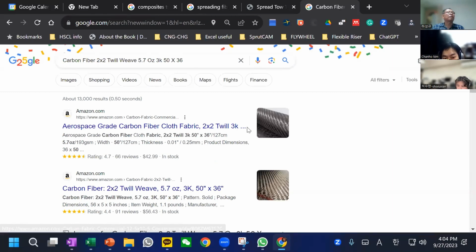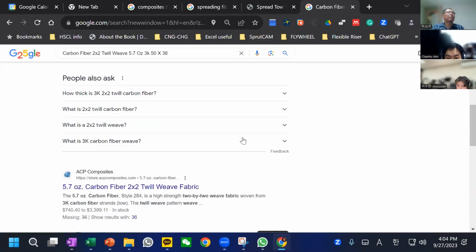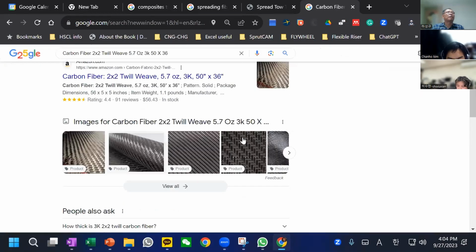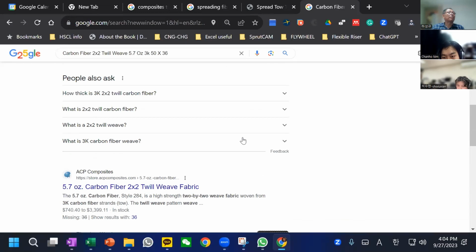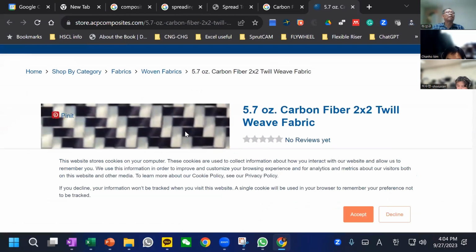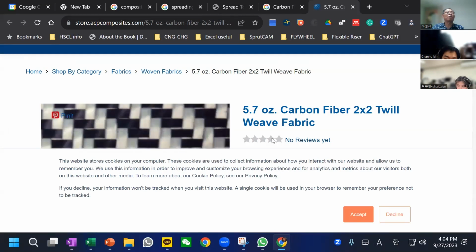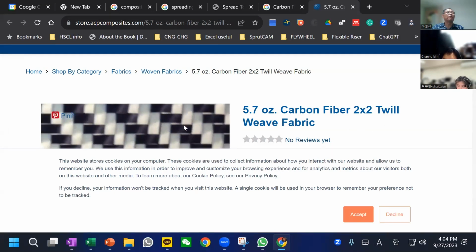As you can see, they just show all the weaving patterns, and the pattern is a little bit different, right? This is called twill weaving pattern.